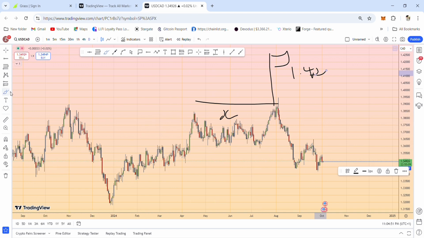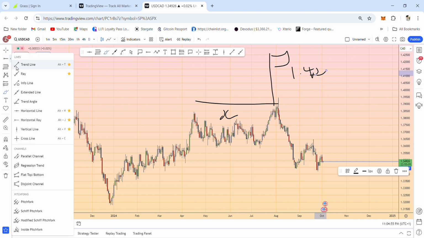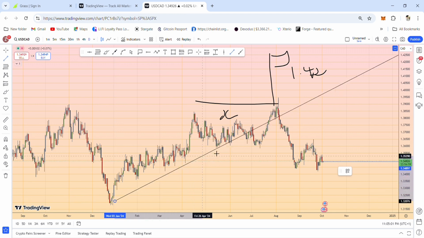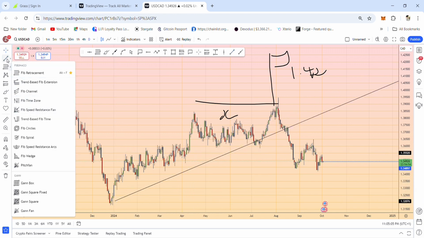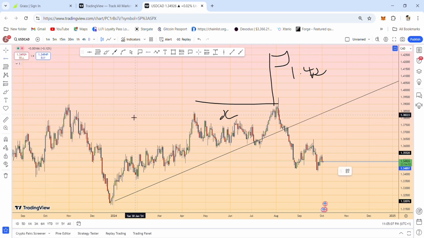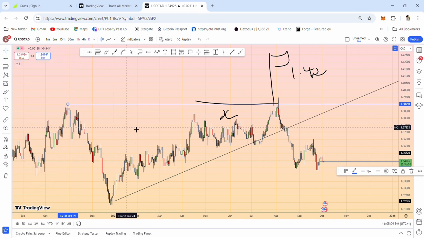These are charting tools. If you go to the left, you see the cross, you see trend line, ray. These are tools you use to draw on your chart. If you put a trend line, I can put it up to here and you see something like that. You see the horizontal ray. If I put it at this high, you can make it stick.